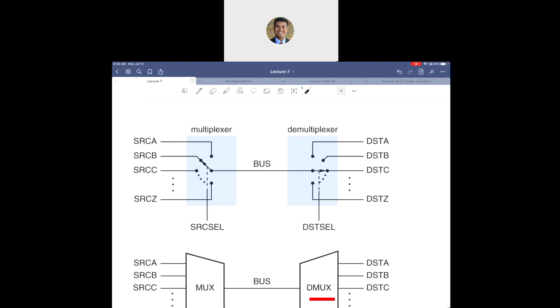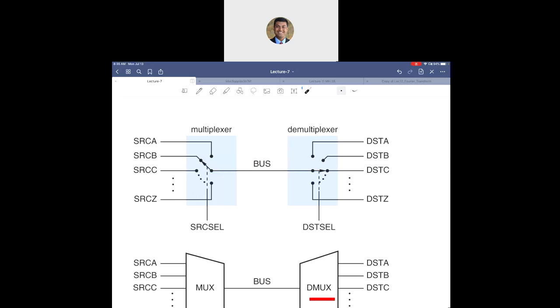multiple sources. In this case, you have 26 sources, source A, source B, source C, all the way to source Z. You are selecting one of those sources using the source select. Whatever source you select, that information goes on the bus to the demultiplexer.